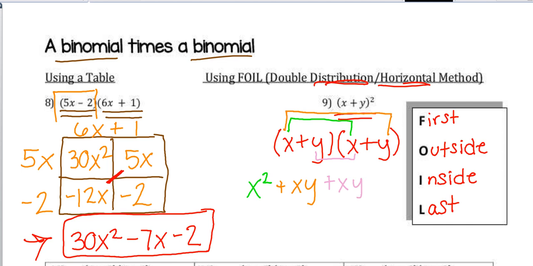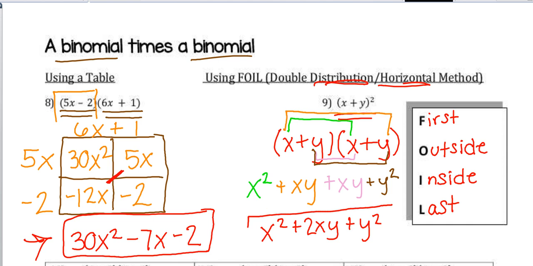And then the last one, when it says last, that means the last 2 terms of each binomial. So I have y times y, which is y squared. And now we can combine our like terms. So I have x squared plus 2xy, because xy plus xy is 2 of them, plus y squared. And that is your answer.